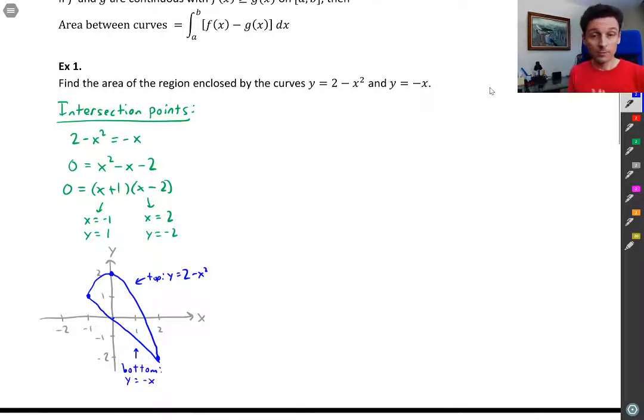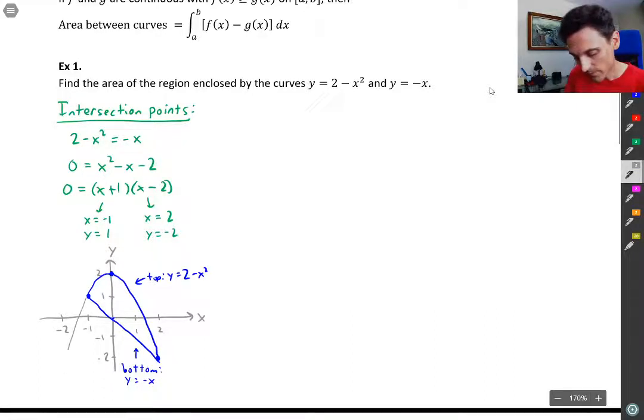So the curves continue on, actually. So you could imagine that there's more of the parabola over here and down here, and there's more of the line over here and over here. But the thing is, the only finite region, the region with finite area, is the one that's pinched off by these two intersection points. Over here to the left, there's an infinite area between these two curves, and over here to the right, there's an infinite area between the curves.